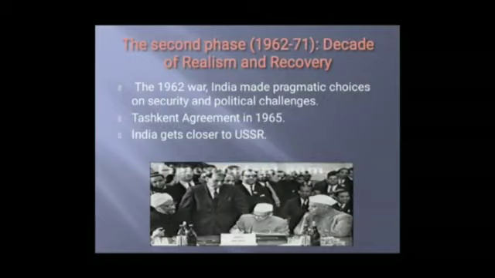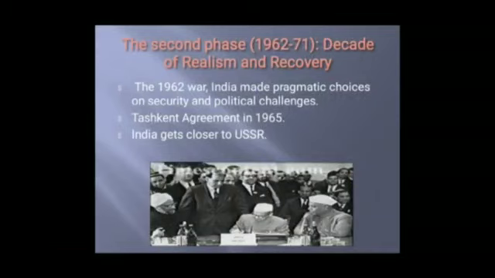Now what happened after the 1962 war? After the 1962 war, as written, India made pragmatic choices on security and political changes. It looked beyond non-alignment in the interest of national security.